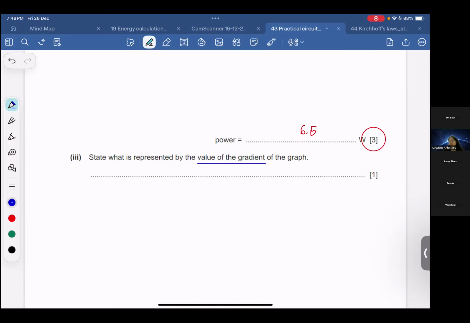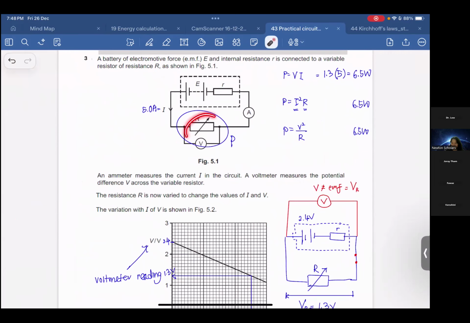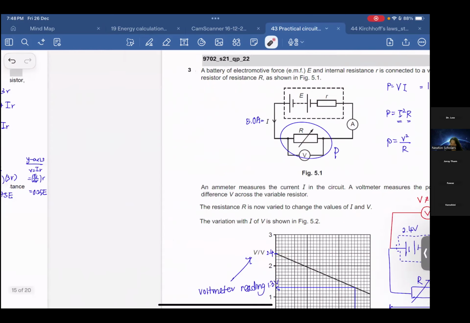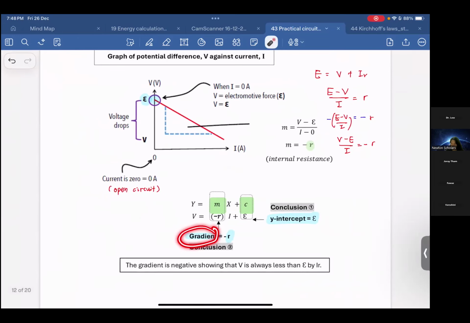Fawal, your answer is not correct. Manjo, yes, correct. Fatima, same as Fawal. You cannot say resistance, because there are so many resistors here. Do you want to talk about the external resistance or the internal resistance? That is the problem. Recall that the gradient represents negative R. Yes, Vashini is correct, but we will write in words.